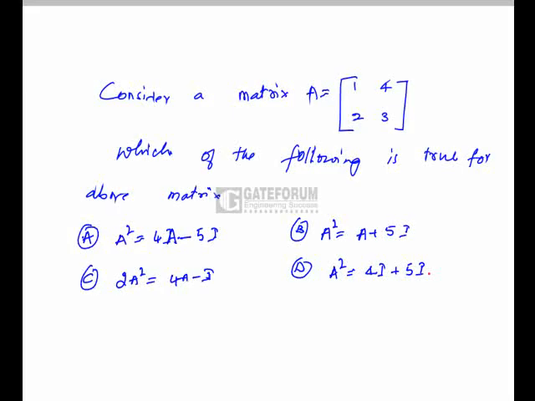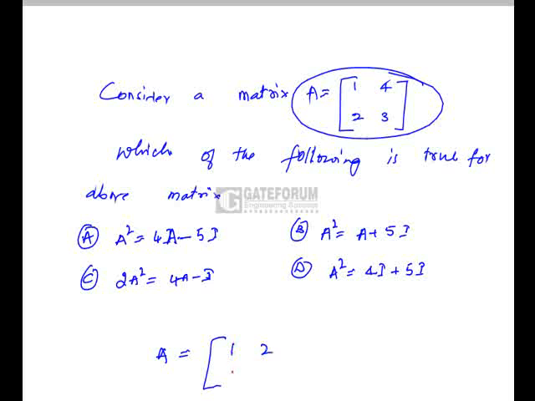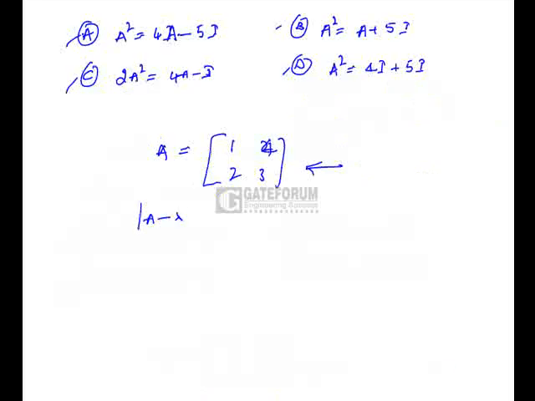Now this is a linked question and the statement is given as A = [1 4; 2 3]. Now the first question is we have to check which of the statements is correct. Now we know that every matrix will satisfy its characteristic equation. So the characteristic equation of A is nothing but |A − λI| = 0, which is nothing but |1−λ 4; 2 3−λ| = 0.